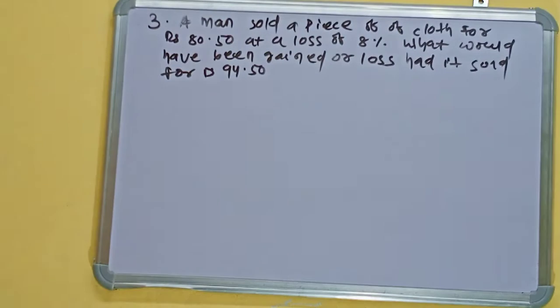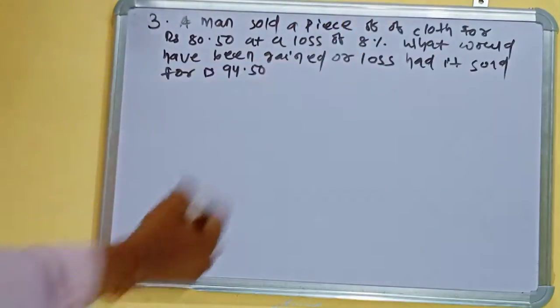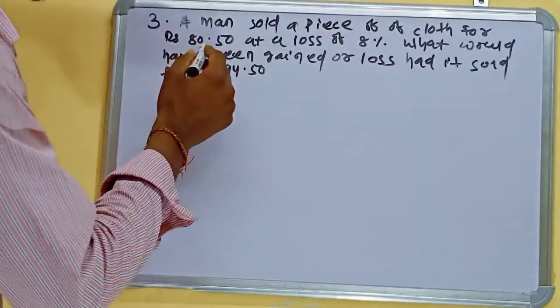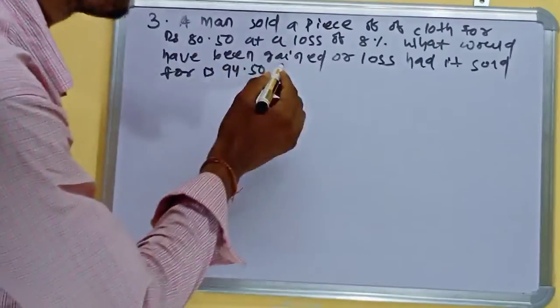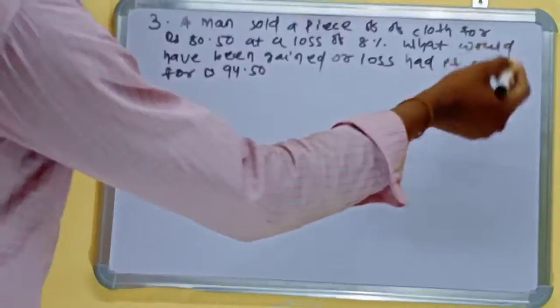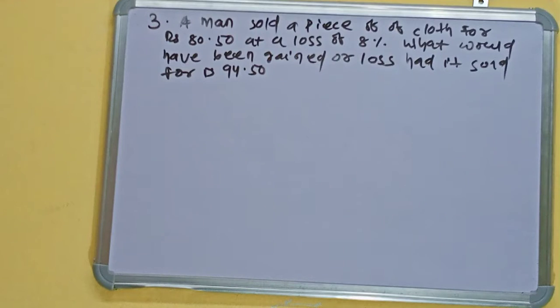Now the next question is: a man sold a piece of cloth for rupees 80.50 at a loss of 8%. What would have been the gain or loss had it been sold for rupees 94.50?